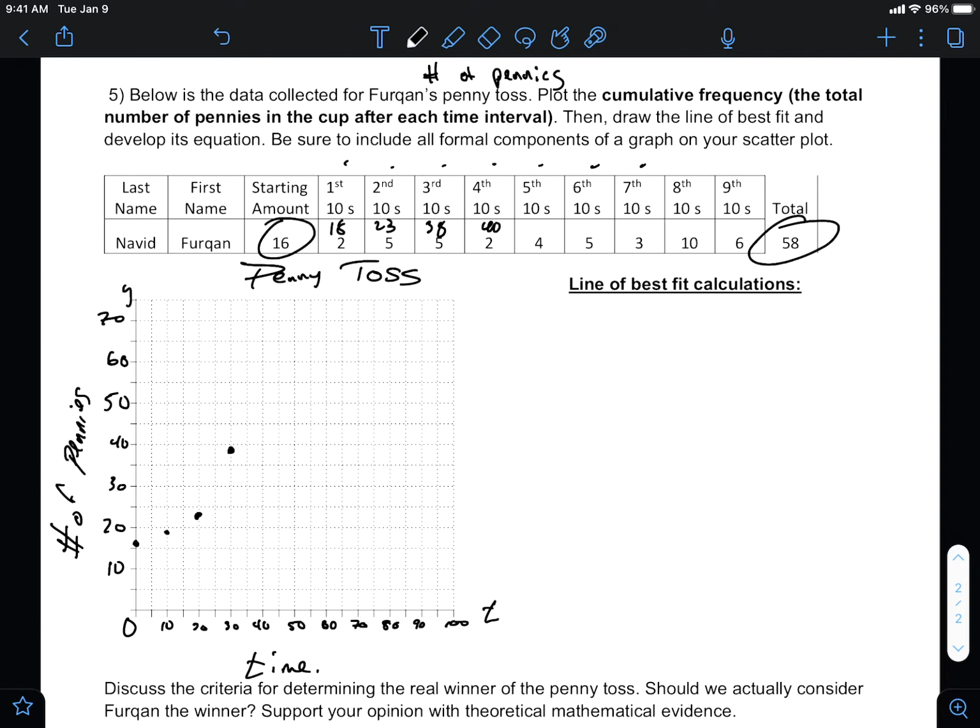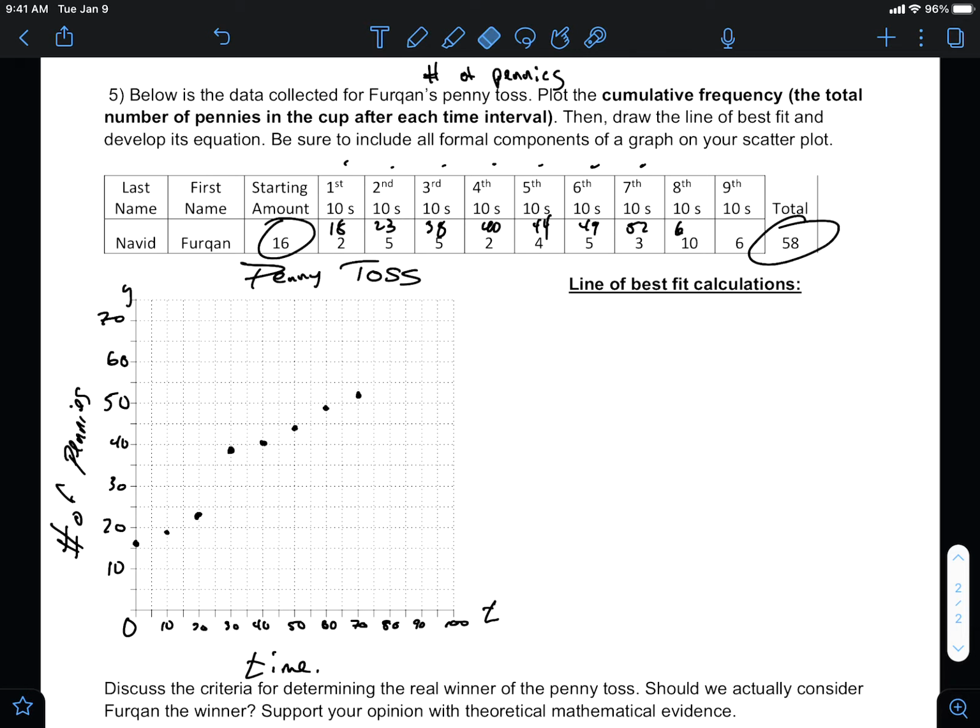Then 40, then 44, and 49, then 52, and 62.